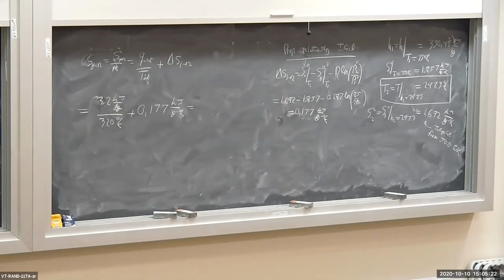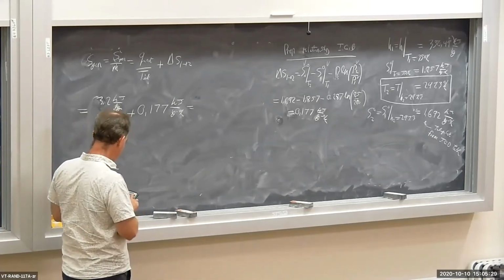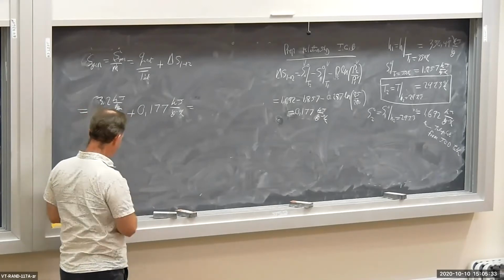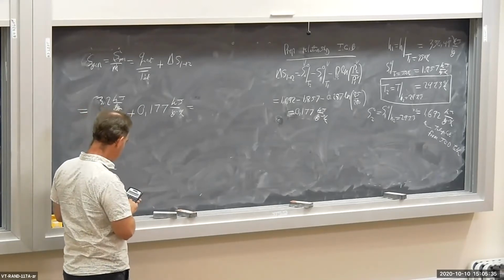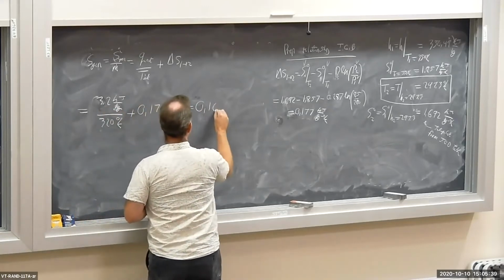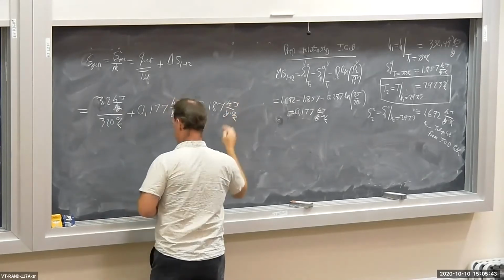Let's crank this out. 3.2 divided by 320 is about 0.01, plus 0.177, and I get 0.187 kilojoule per kilogram degree Kelvin.